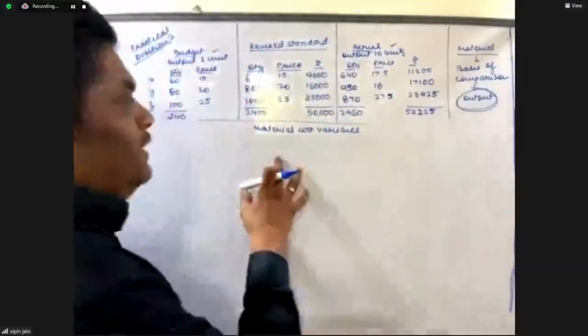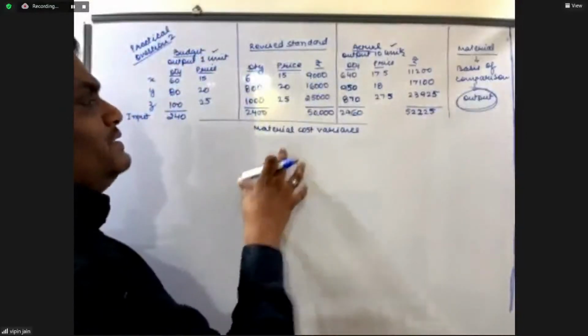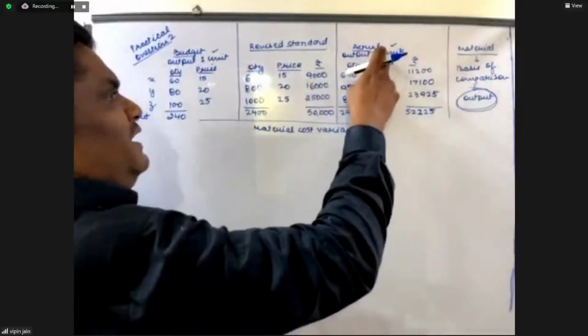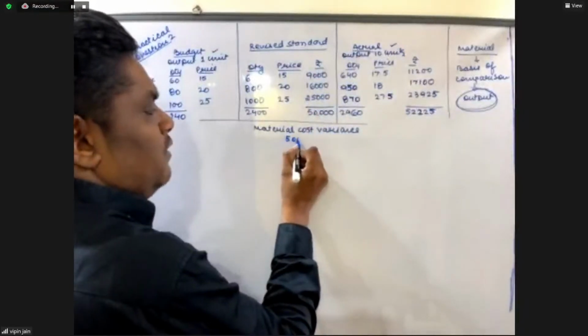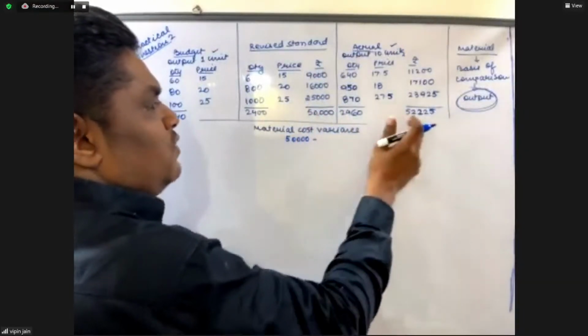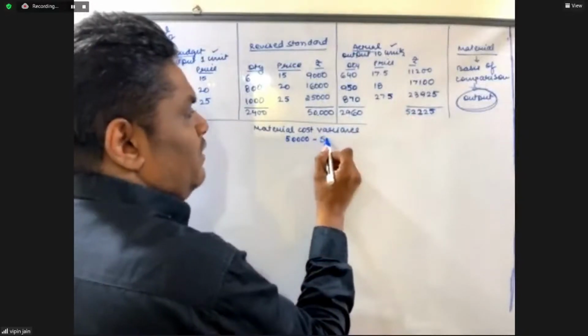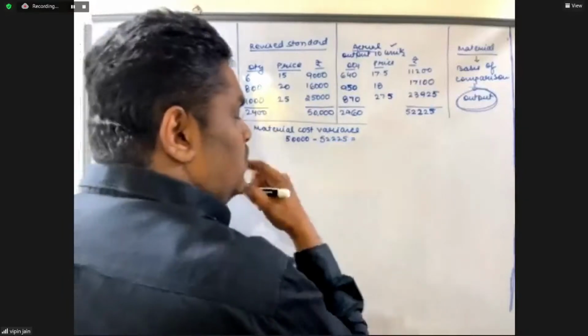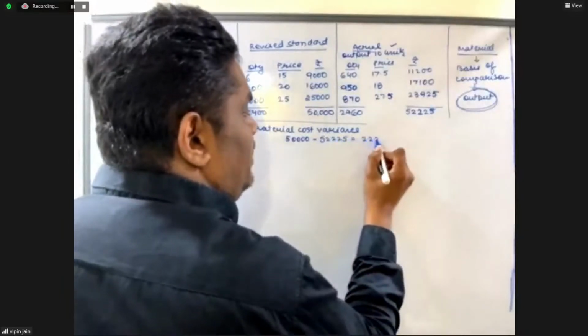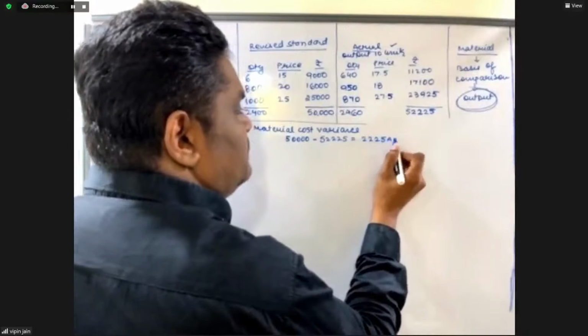Herein, when talking about material cost variance, to manufacture 10 units, how much cost was supposed to be incurred? 50,000. How much cost is actually incurred? 52,225. So 2,225 adverse.